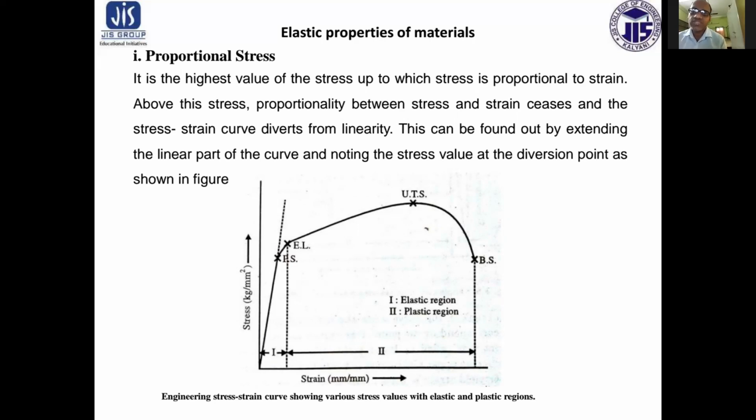As shown in this figure, just before the elastic limit is the point PS, the proportional limit. Up to this point within the elastic zone, the stress is linearly proportional to strain, and after the proportional limit, the strain increases faster than the load.